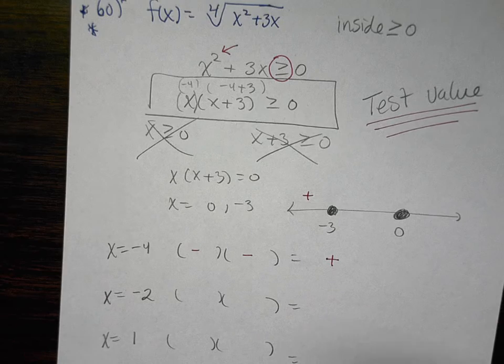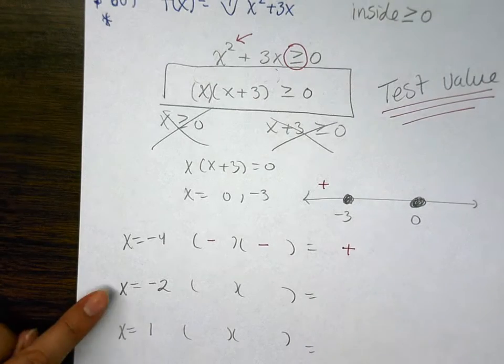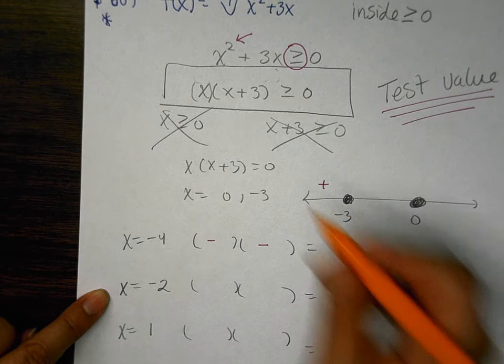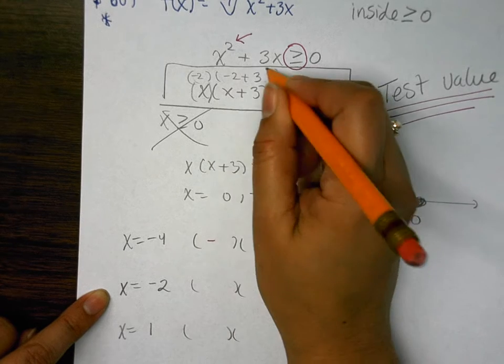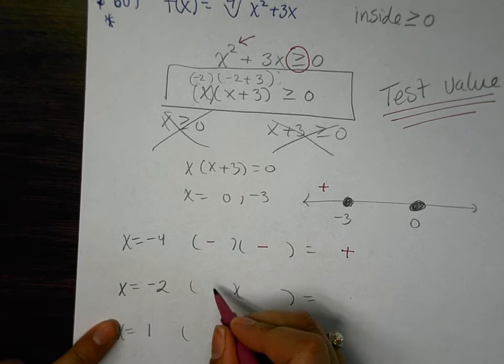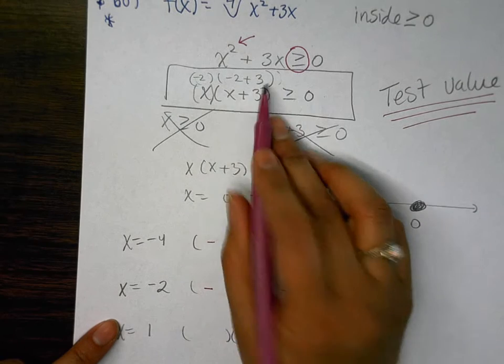All right. Next thing I'm going to do is plug in what number? The -2. So -2 in parentheses and the -2 plus 3. All right, negative 2 by itself is positive or negative? Negative. What about negative 2 plus 3?